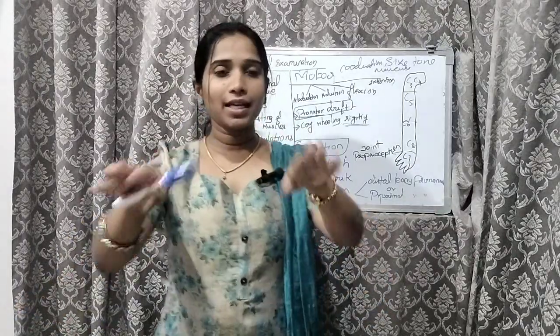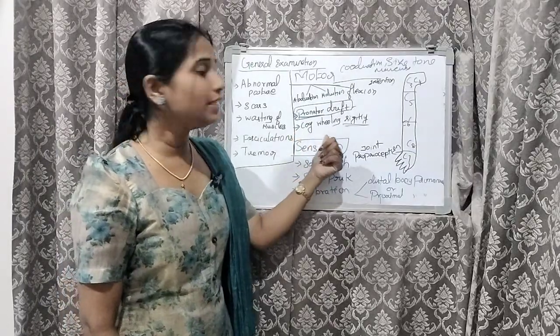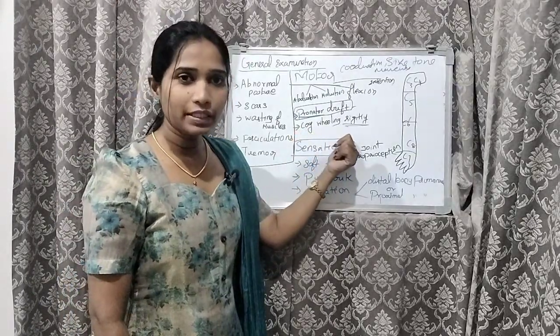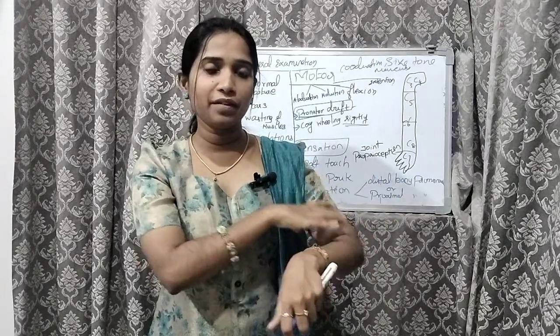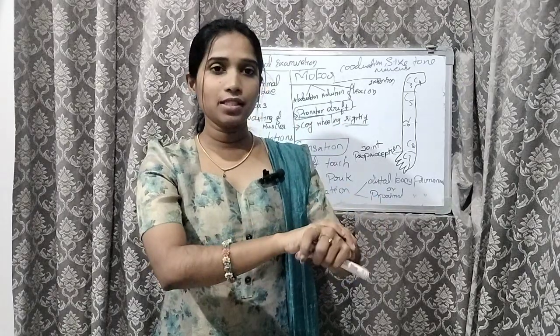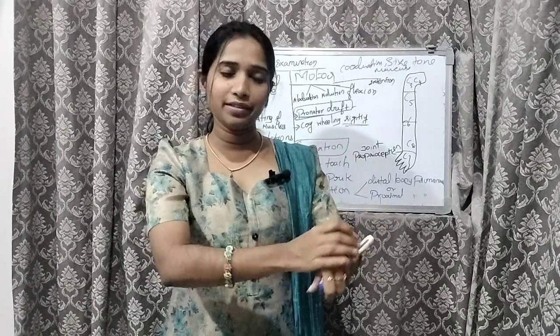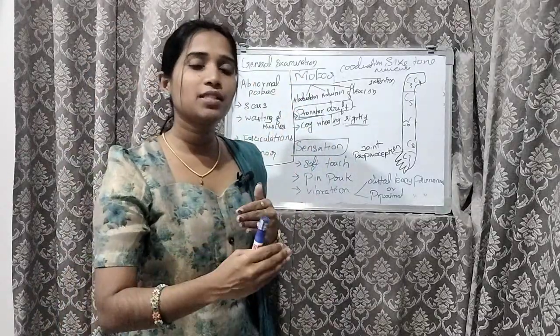Then you are assessing the coordination. After that, you have to check the cogwheel rigidity. In the cogwheel rigidity, you are checking the flexion of the joints. Clear? Everywhere. Shoulder and then elbow and wrist. Clear? So after that, you are going to assess the muscle tone.